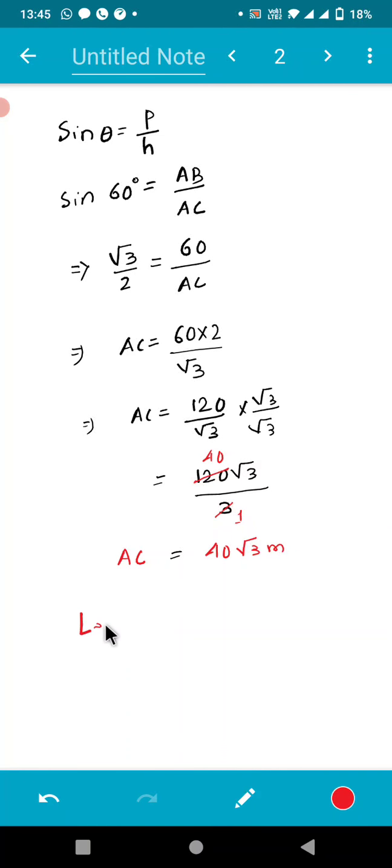So the length of the string is equals to 40 root 3 meter. Okay students, now I hope all of you have understood this. Now let's move on to question number 6.